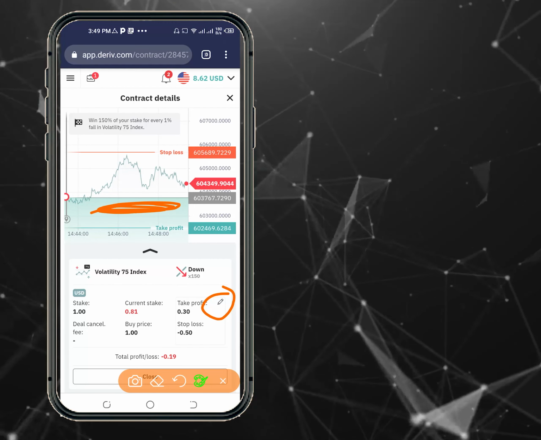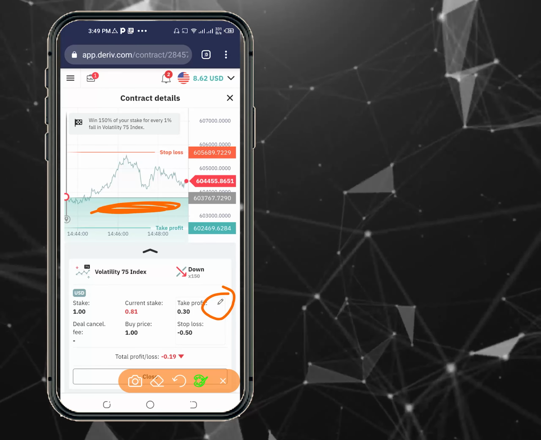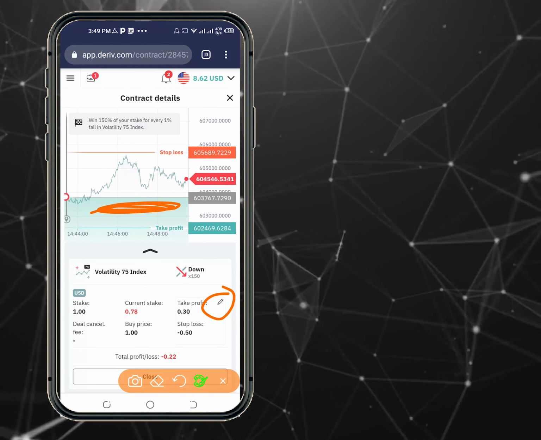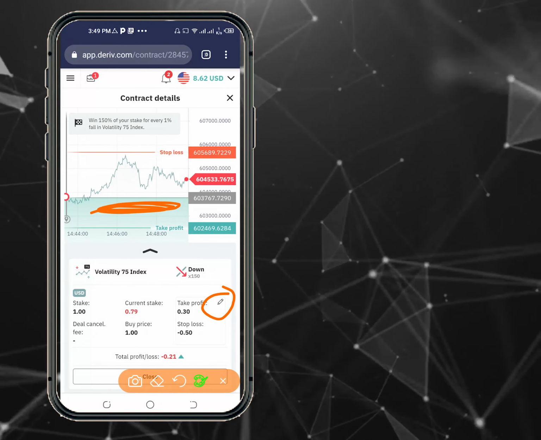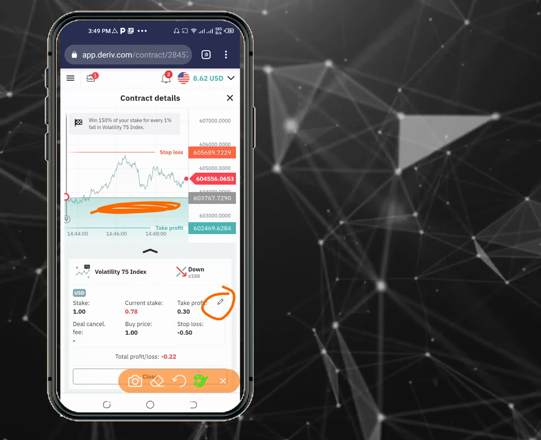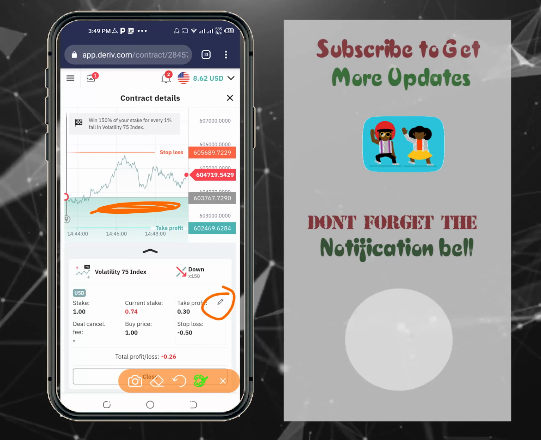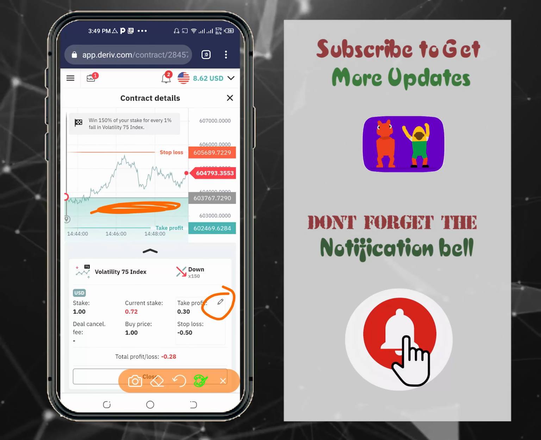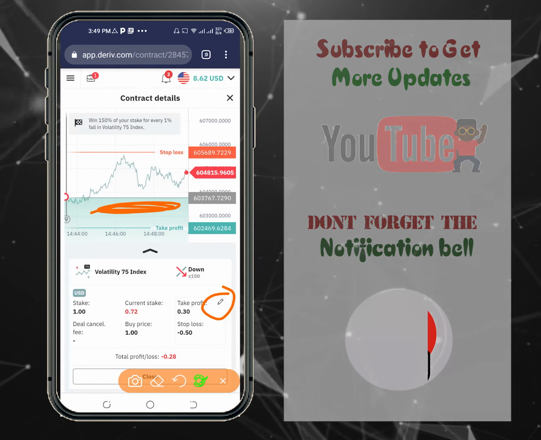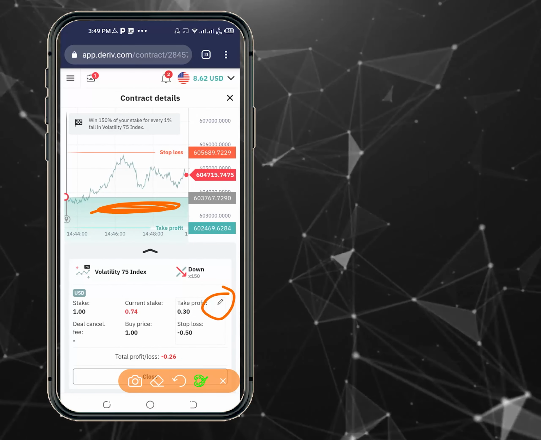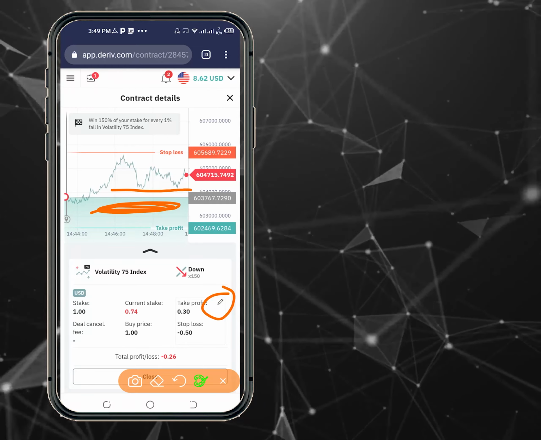I'll just wait. But don't forget again that I've told you it has started climbing upwards from the look of things. At this stage, from what I'm seeing, it's touching down here, and I'm still observing it.